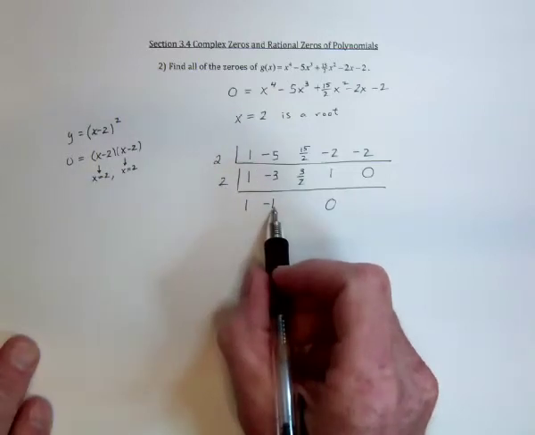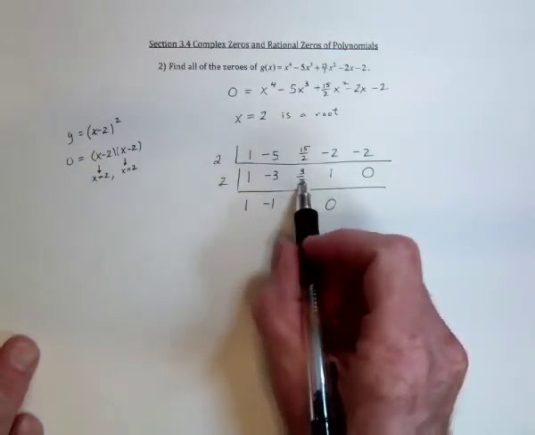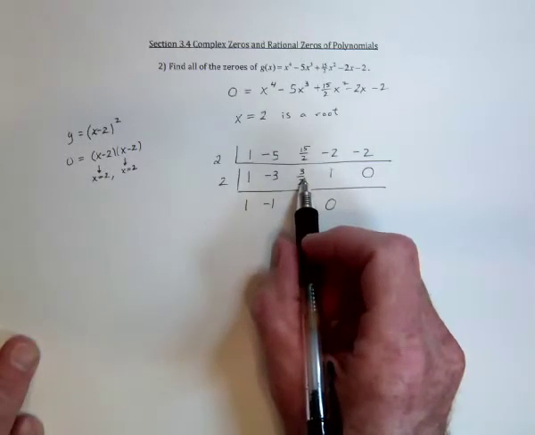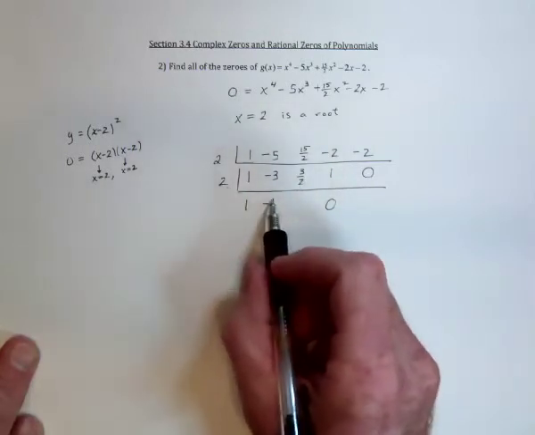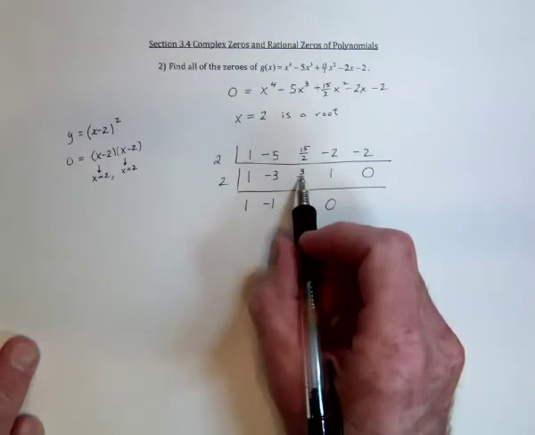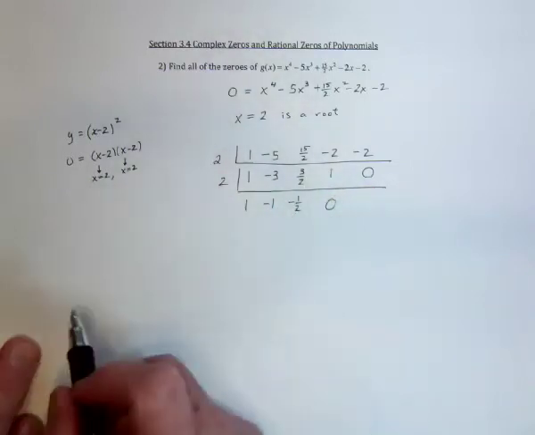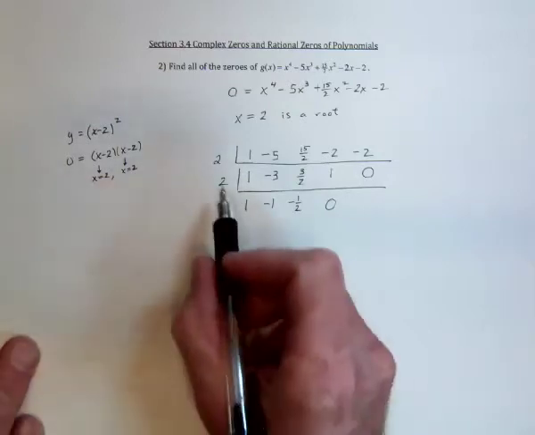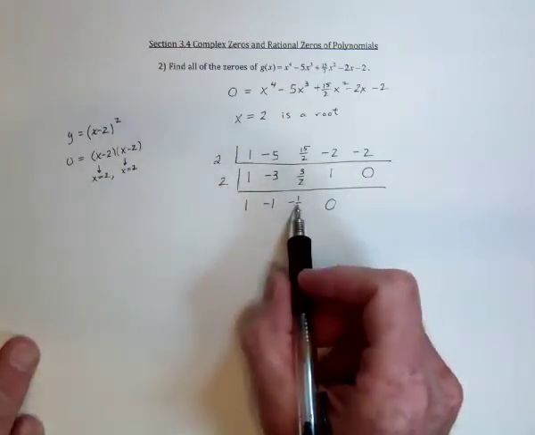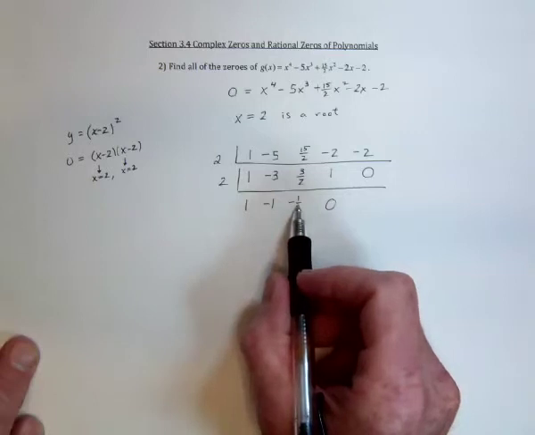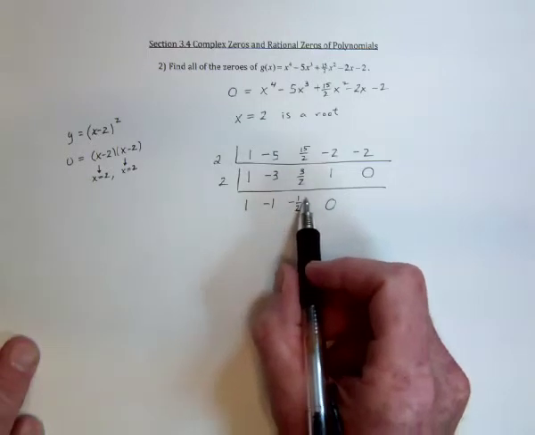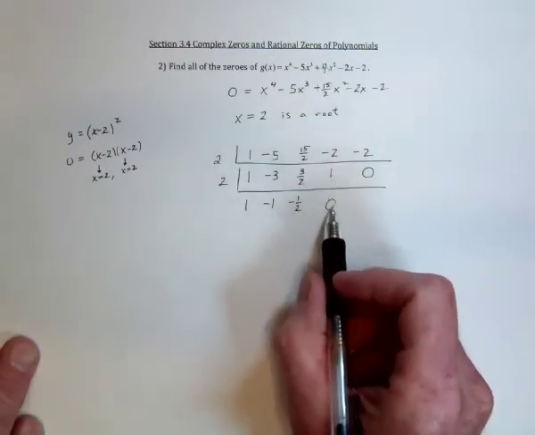Multiply these two is going to be a negative 2 added to this. Well, this is a 1.5, a negative 2, and a 1.5 is going to be a negative 0.5 or negative 1/2. And then multiply these two, and the 2's will cancel, leaving only a negative 1. Take that negative 1 and add it up there. Sure enough, the remainder is 0.